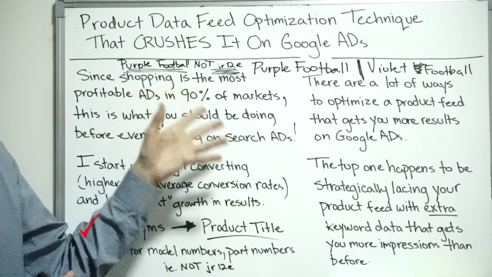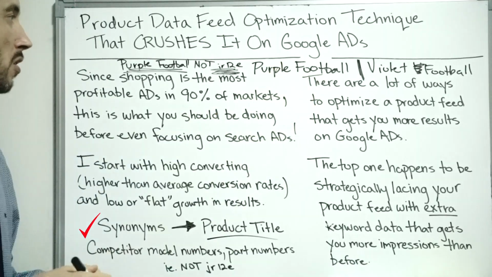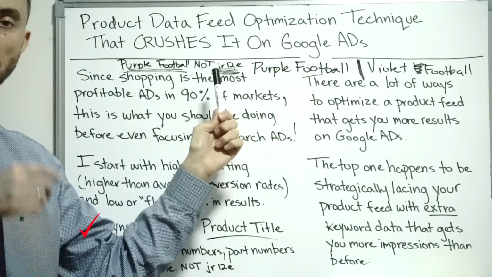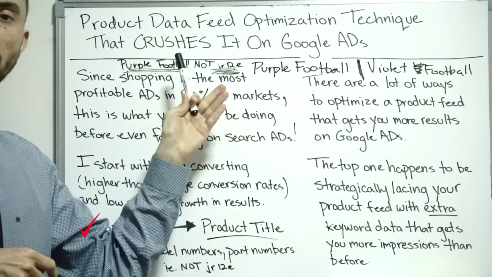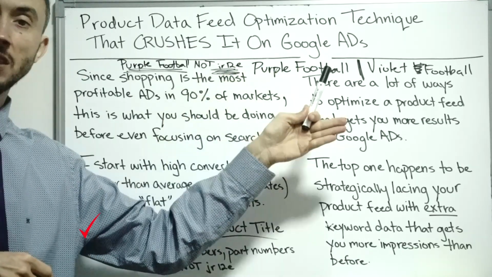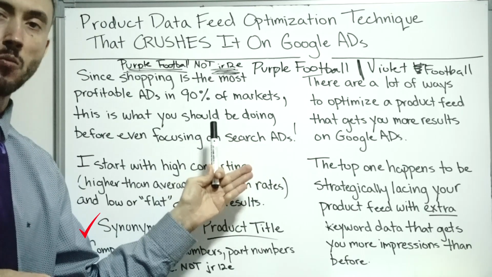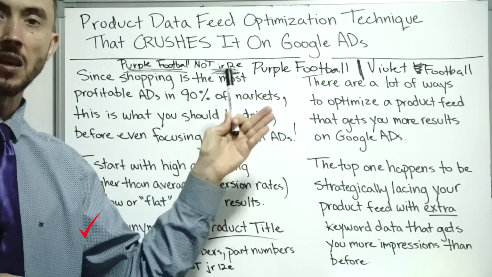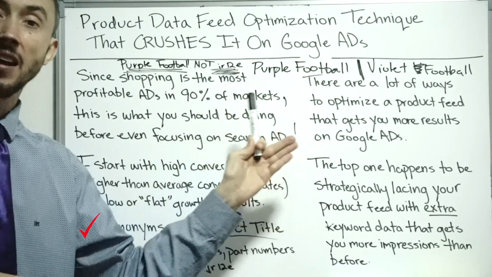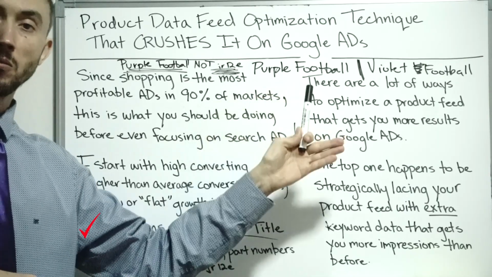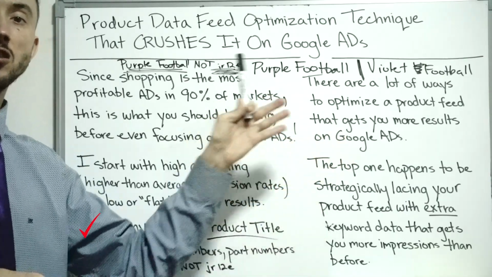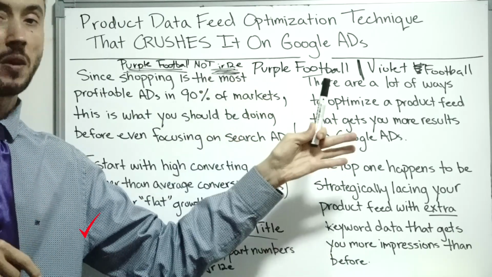So if you take my initial advice, where you add one or two of these additional words to your title at a time, and you see a lift in sales, right away take those same words and run a search campaign targeting them. Double what you're making from finding that additional word and that additional place you're showing up on Google will get you more sales. Because if it works on shopping, it'll work on the search ads.